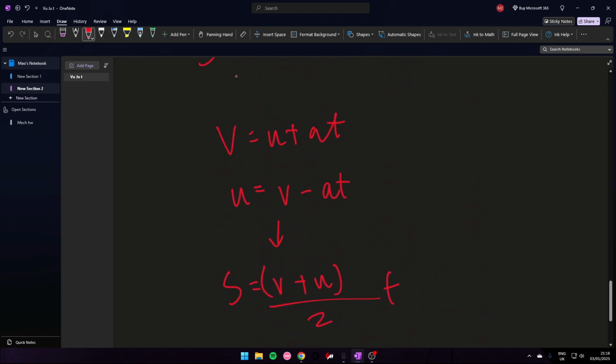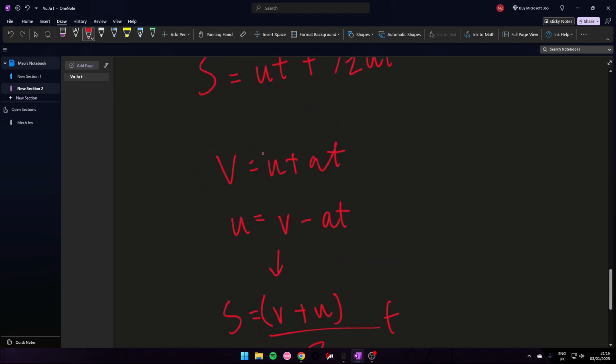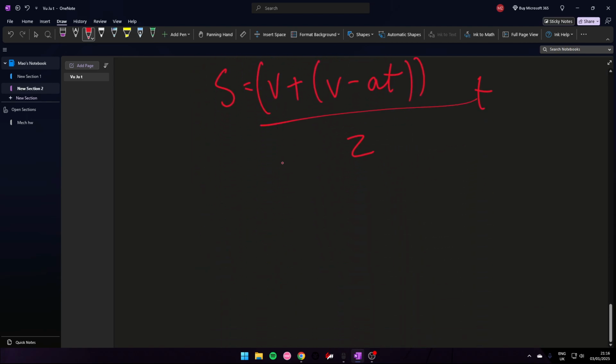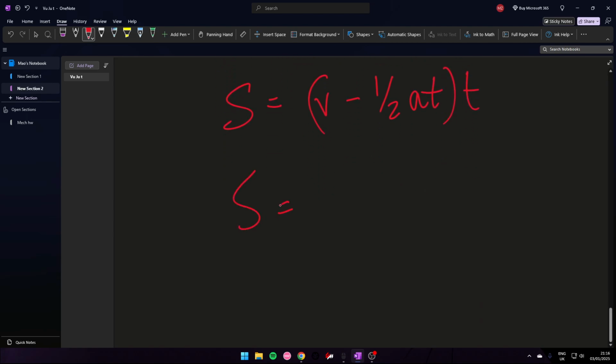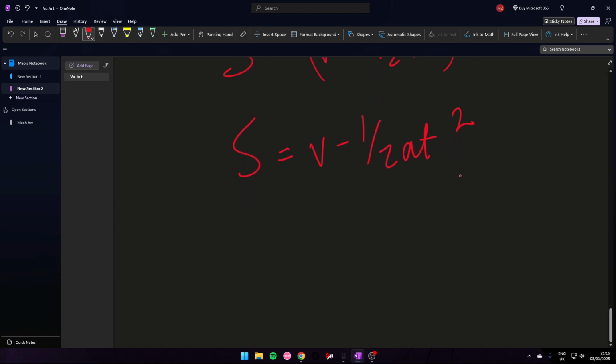Now we're going to do the exact same thing we did over here, and first we're going to add the v's: 2v take away at over 2. s is equal to v take away half at, times t, which we're then left with s equal to vt take away half at squared.